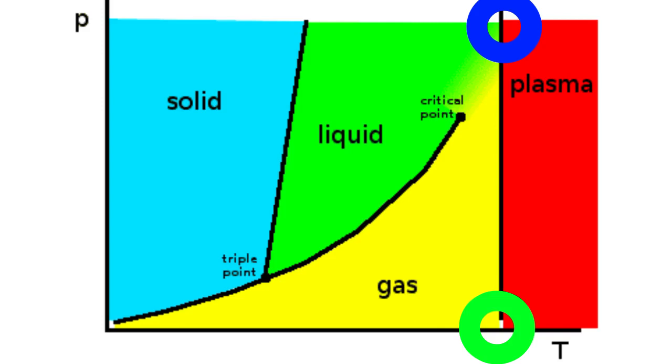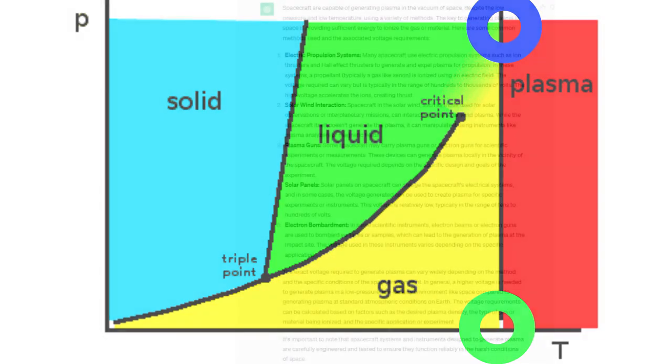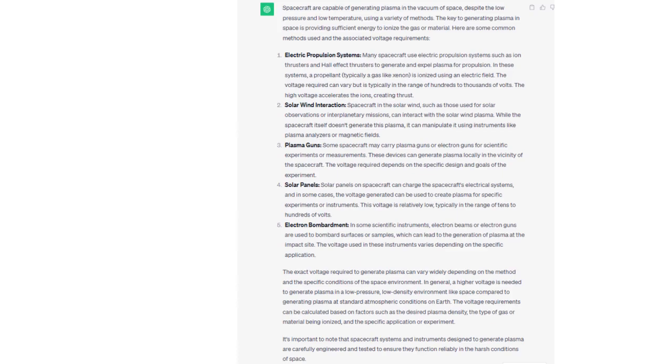Now that I think about it, it's quite strange that in space you've got a vacuum which has no pressure. So essentially you would need extremely high voltage to generate plasma. Which is interesting. How do the NASA guys do it?